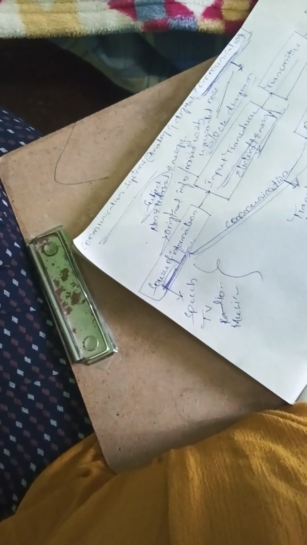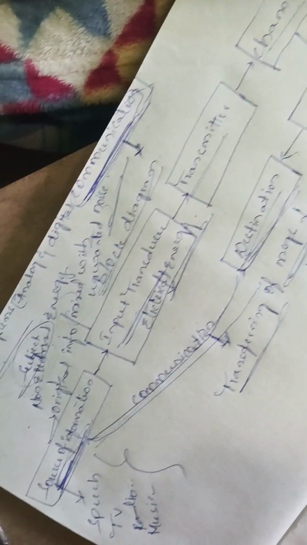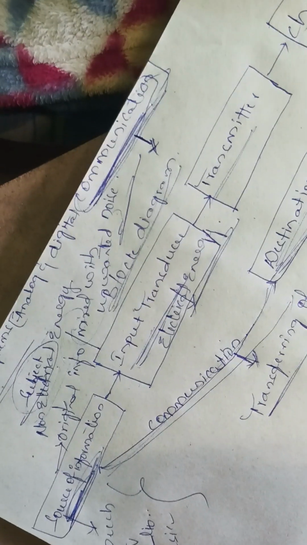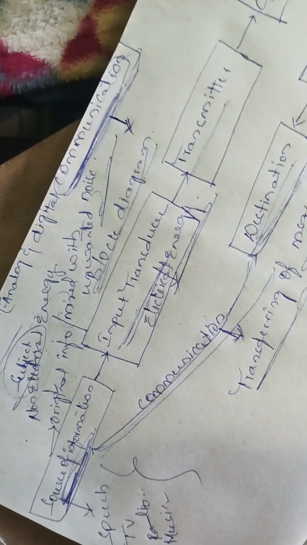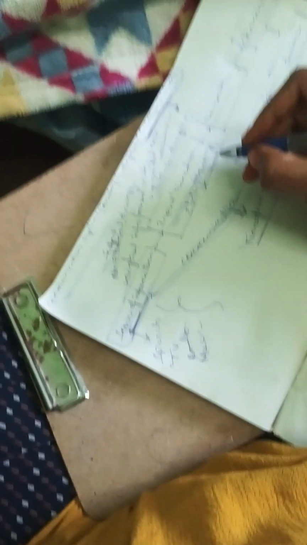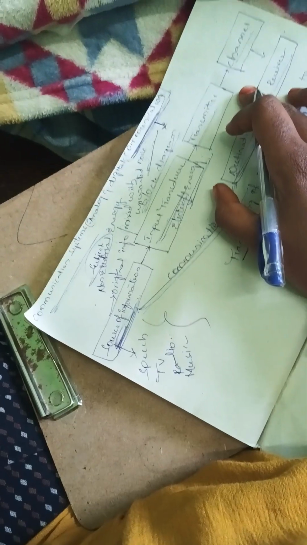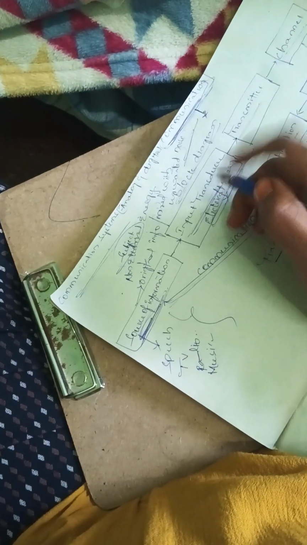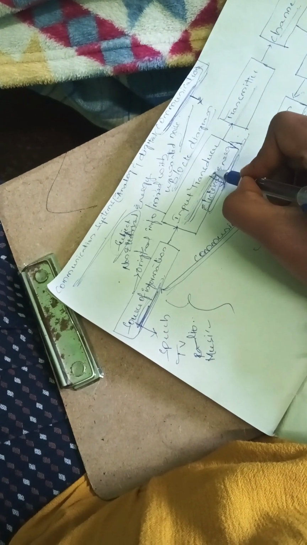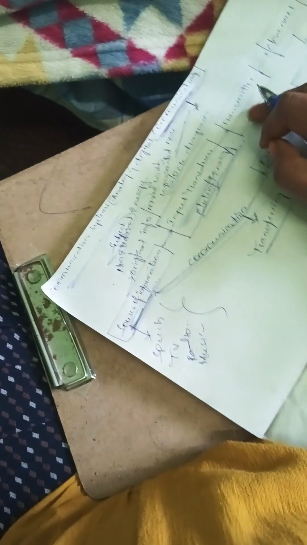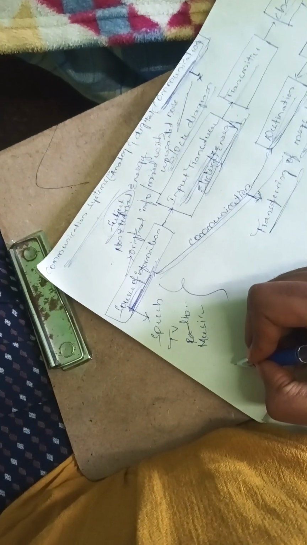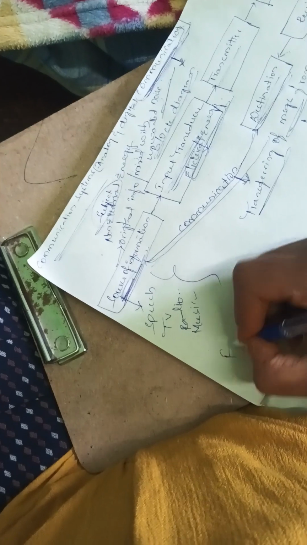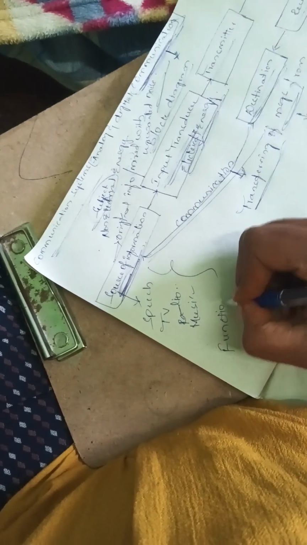Next, the transmitter. What is a transmitter? The main work of the transmitter is to process the electrical energy obtained from the input transducer. I'll give you the notes clearly, just listen.